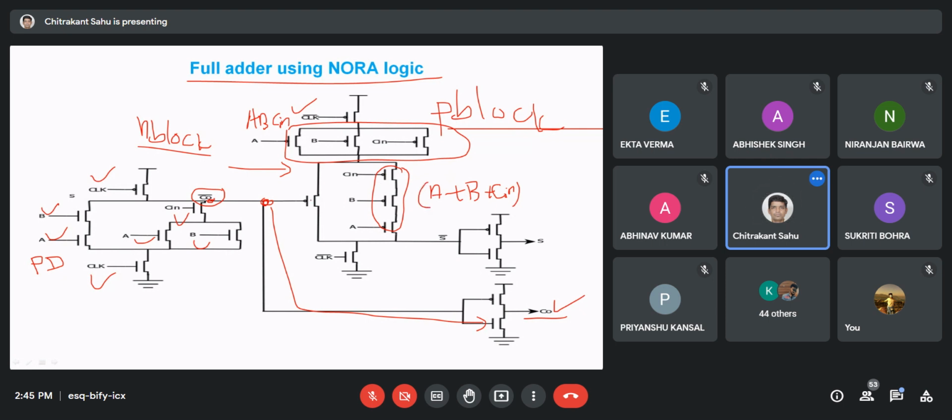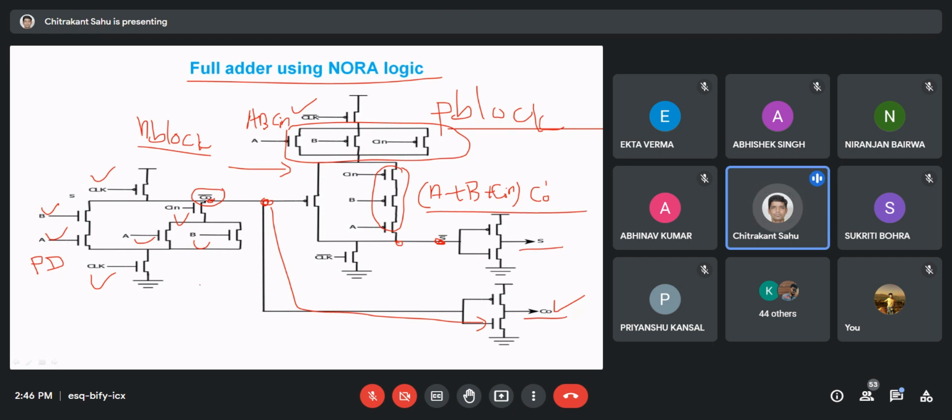This will make A plus, and then it will make C dot like this here. So I will get the output, this particular logic, as S bar. Okay, so we'll get S bar here.